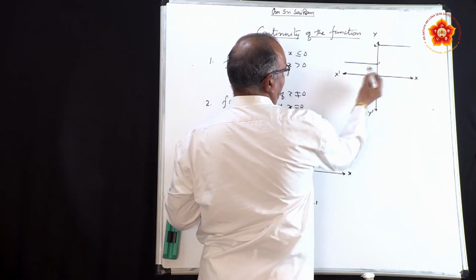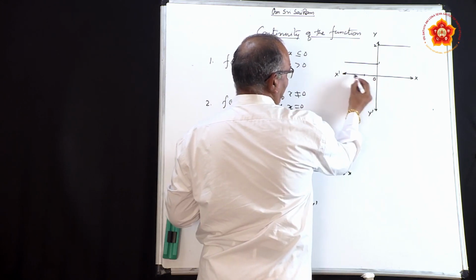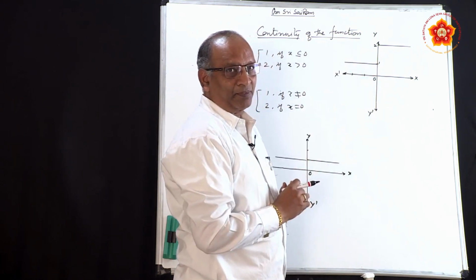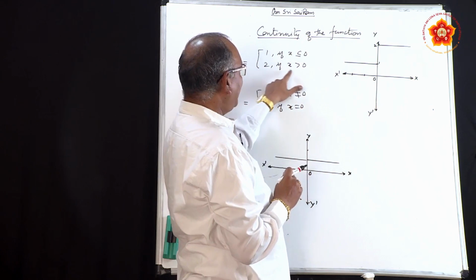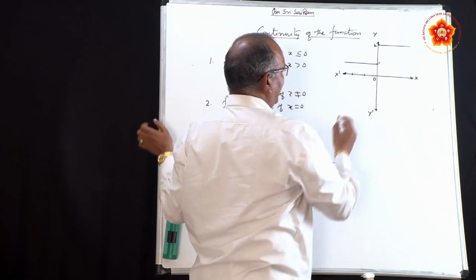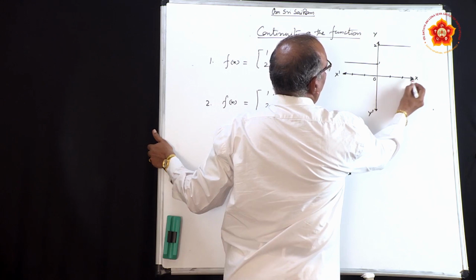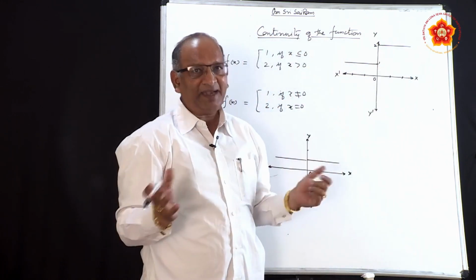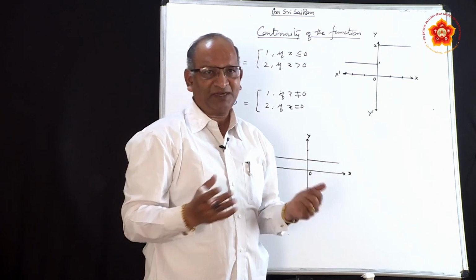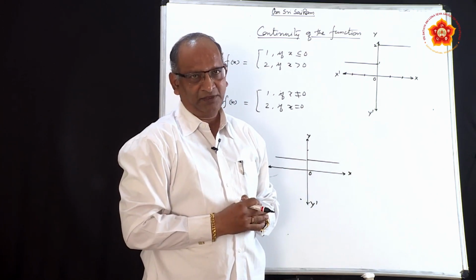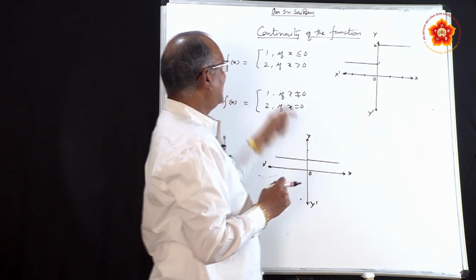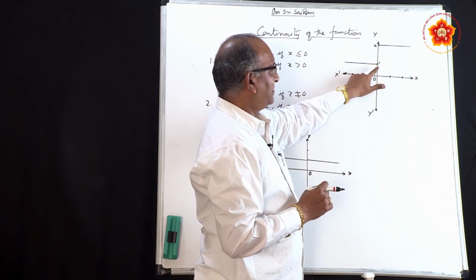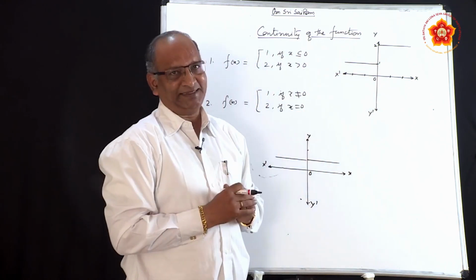Y value is 1 for all the values -1, -2, etc. Then it says if x is greater than 0, if you take values greater than 0, let us say +1, +2, +3, etc., it is 2. Remember, 1 and 2 are constants. These functions are called constant functions. And we find that the given function f(x) is changing at 0.